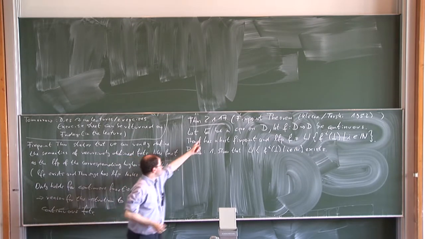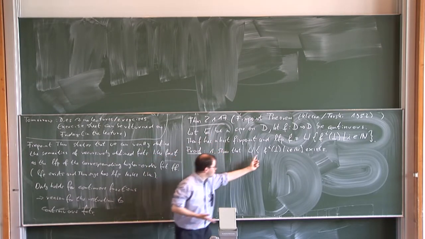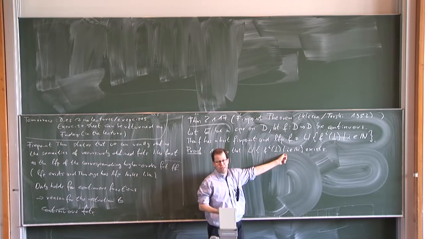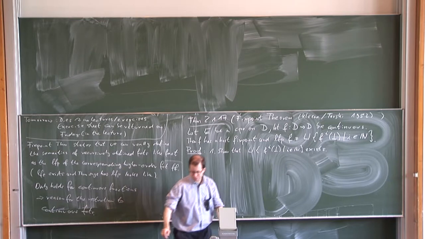We know that this is a complete partial order. Complete partial order in particular means every chain has a least upper bound. So if we know that this here is a chain, then we know it has a least upper bound. In other words, then this least upper bound exists.